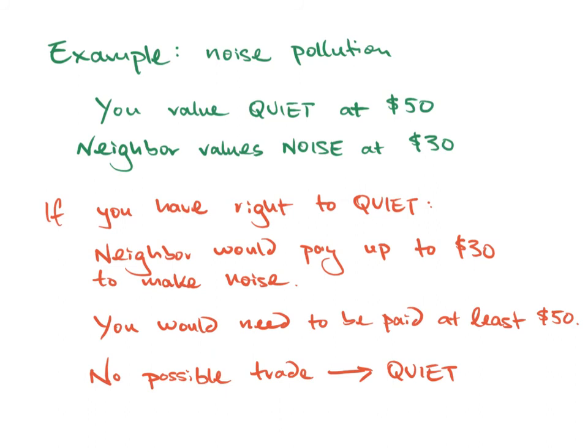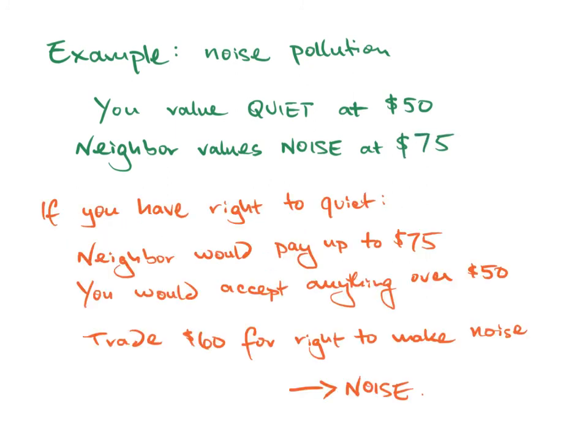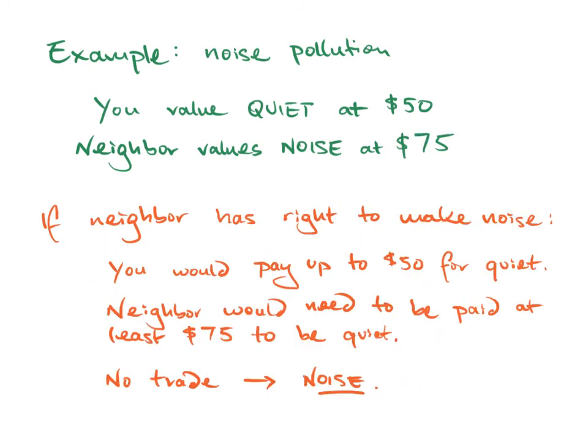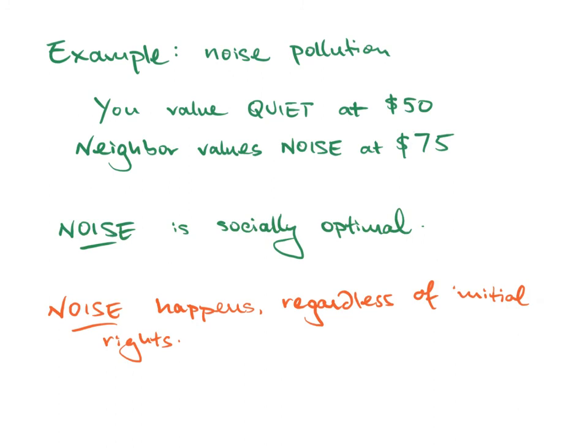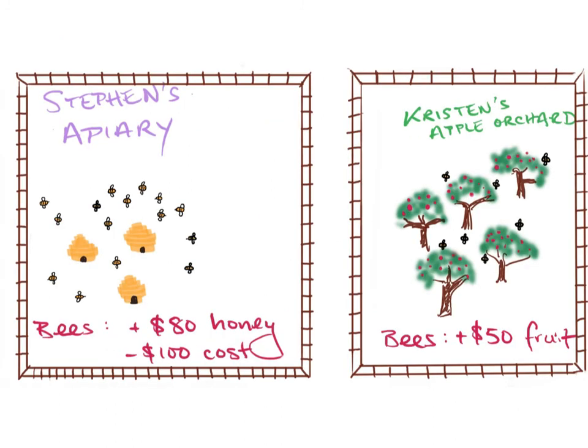Okay, so I've got more slides talking through all the different scenarios, but I expect you all get the idea. As long as rights are clearly defined one way or the other, we can reach an efficient decision, or society will reach an efficient decision.